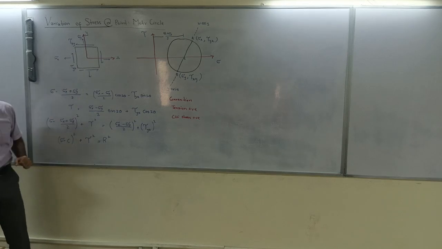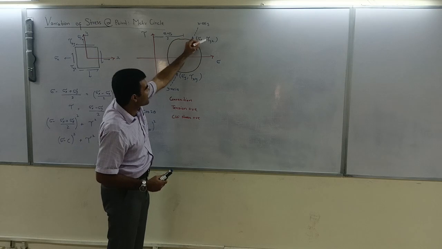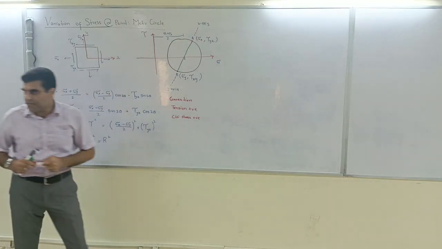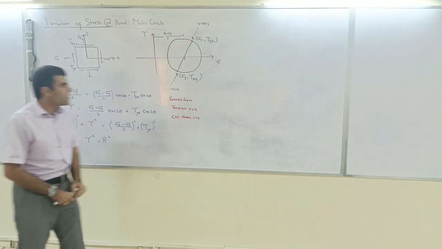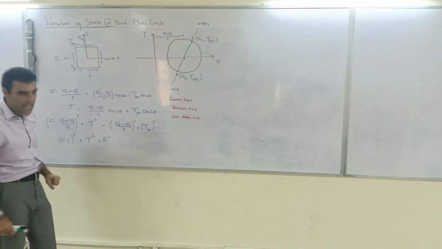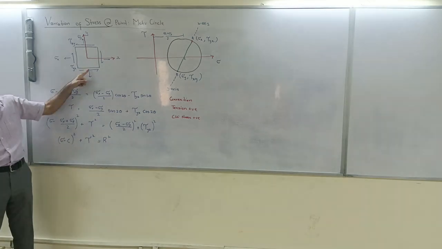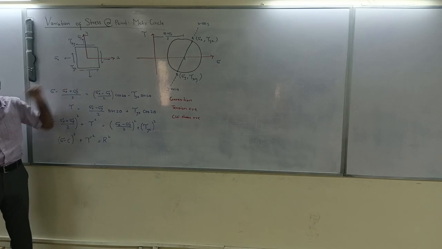So these two are positive. So I have taken this point as stress x and tau yx, which is positive. Now after this, we have to draw the other face, which is tau yx, the y-axis face.